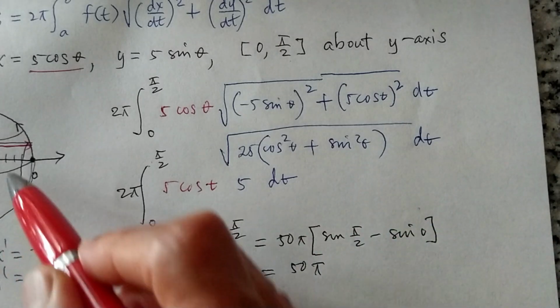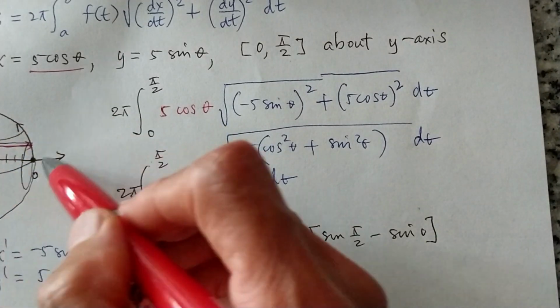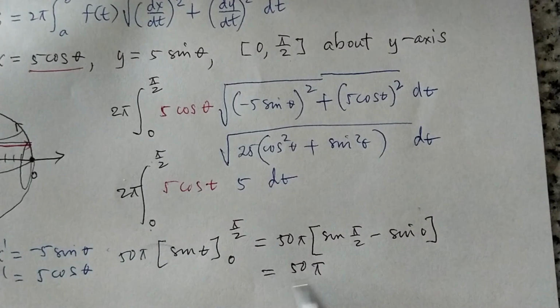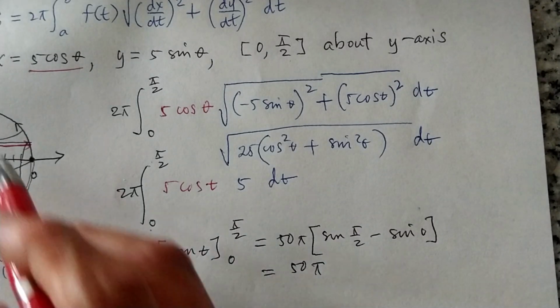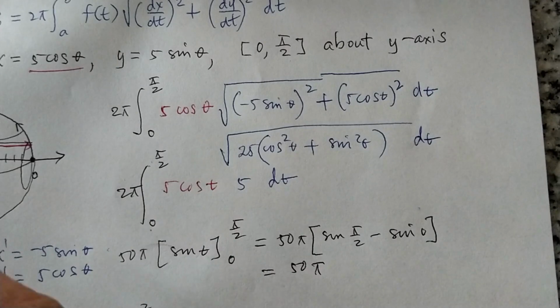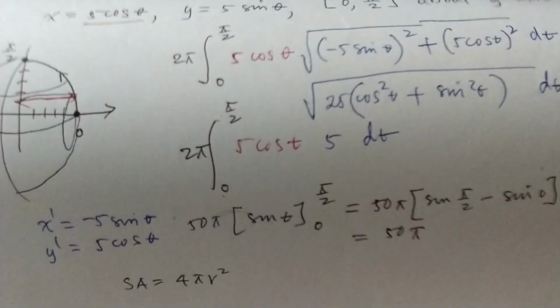So that's the surface of revolution determined by this curve. We can actually do this without resorting to calculus. We know that the surface area of a sphere is 4 pi r squared. But because this is just a hemisphere, we can divide by 2.